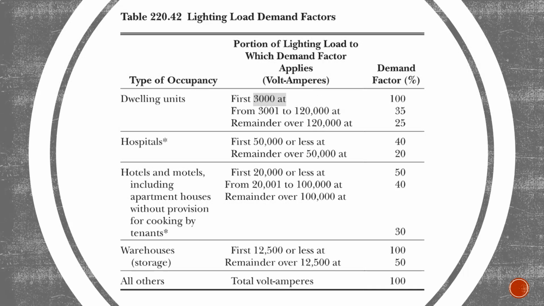And here is that table 220.42. I already walked you through how to use it, but once again, on the left-hand column, you have the type of occupancy. We're in a dwelling unit. And you can essentially see the information I told you. First 3,000 at 100%, 3,001 to 120,000 at 35%, and remainder over 120,000 at 25%.